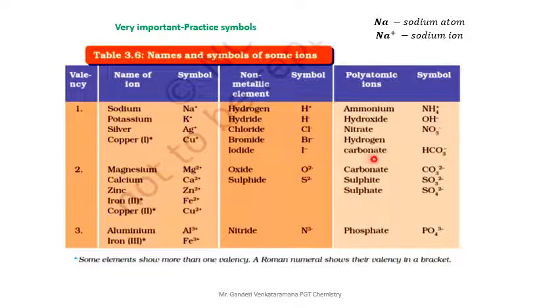Next one, hydrogen carbonate or bicarbonate, both are the same: HCO3 minus. Carbonate CO3 2 minus. Sulfite SO3 2 minus, take care. Sulfate SO4 2 minus, this is very important. And phosphate PO4 3 minus.